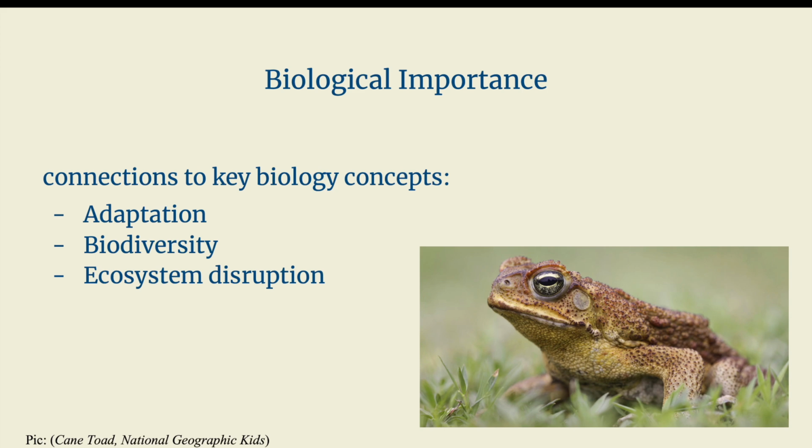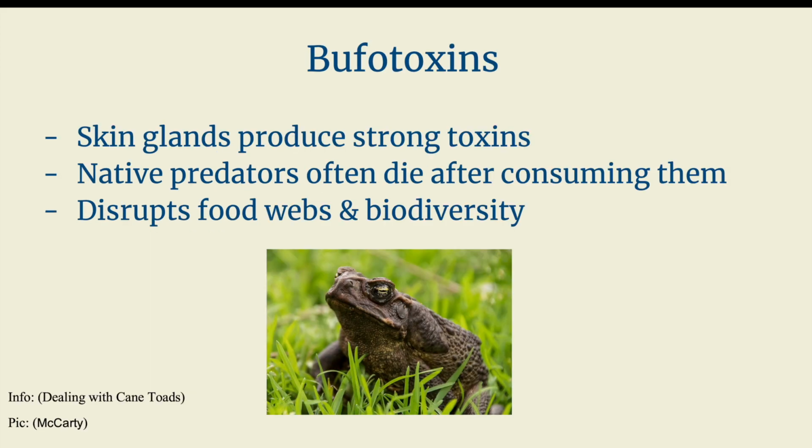So why is it important to biology? The cane toad connects directly to key biological concepts such as adaptation, biodiversity, and ecosystem disruption. A great example of this is the cane toad's bufotoxins, which are powerful chemicals released from glands on its skin.